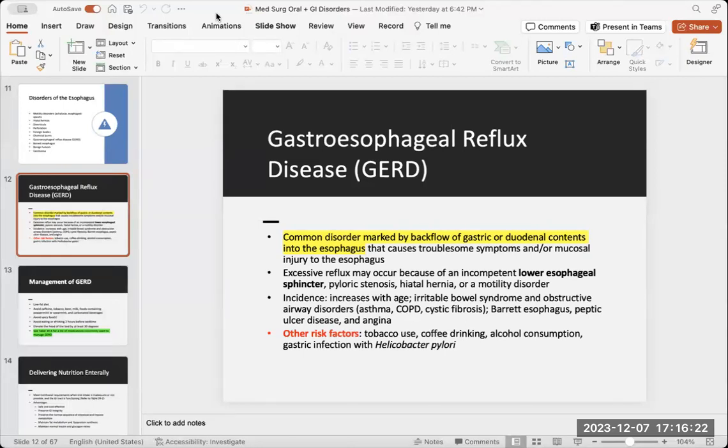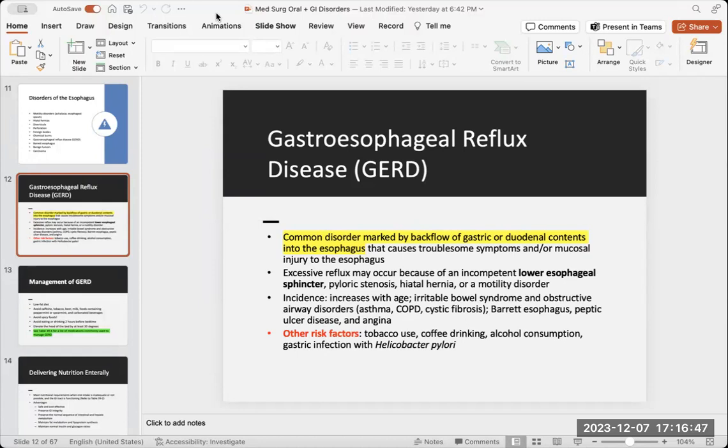We have protective sphincters, and then we have one at the bottom near our stomach to let food in there. What happens is that that lower sphincter that covers the stomach opens a little bit. So we get acid and that backflow of that gastric stomach content into the esophagus, which is really, really painful.